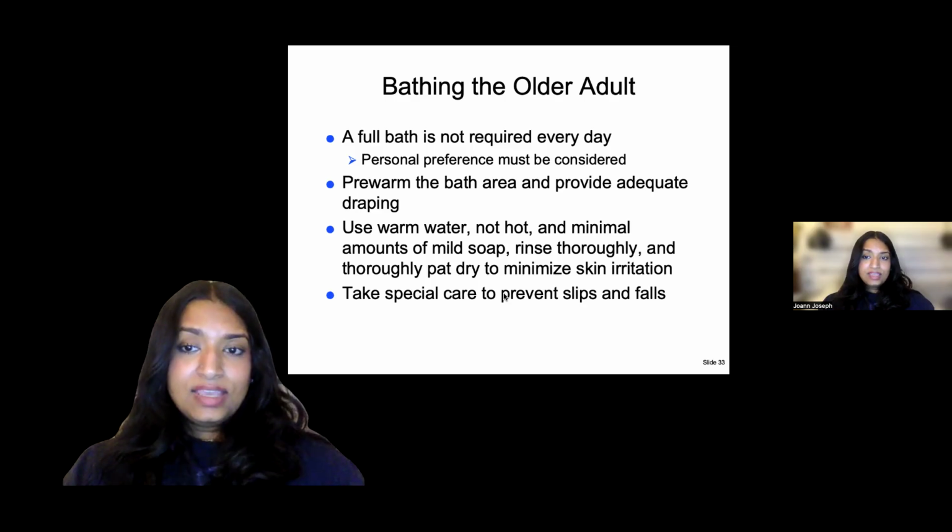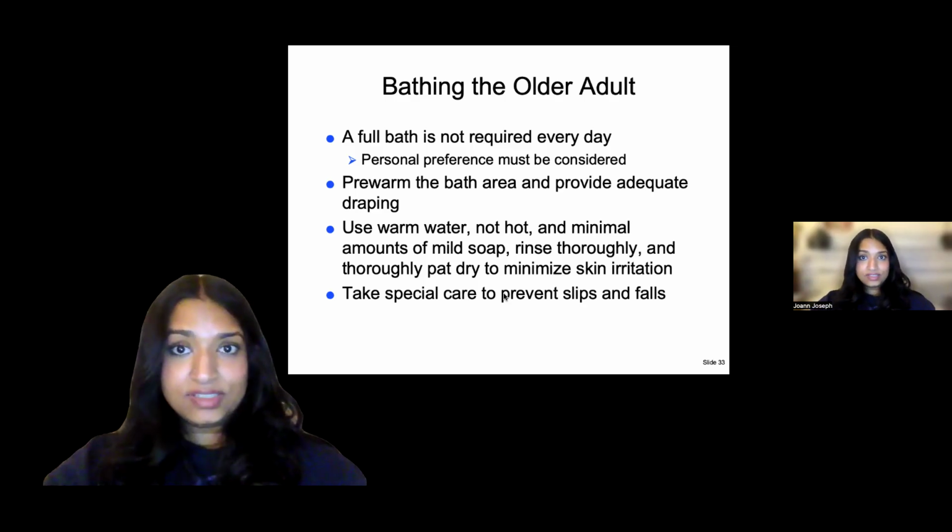And their skin is thin. They have decreased fat, so sometimes they get too cold as well. So you don't want your patient to be in the cold frequently, or catch an illness or sickness from being in a cold bath often. So even if the water's warm, they will still feel some type of coolness because they have to get undressed.